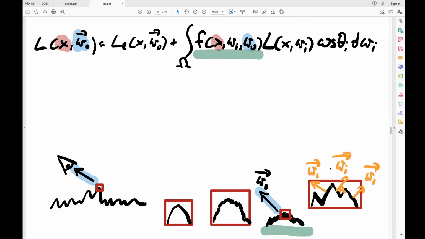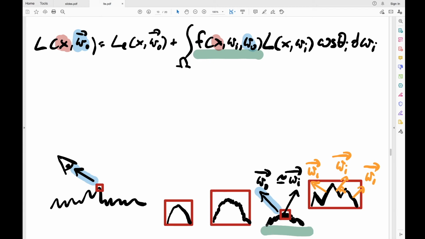For each microfacet, and for each position on the microfacet that we only statistically account for, there are incoming light directions. In order to determine the light direction, we just average those light directions. This gives us one statistical incoming light direction omega i, and this is only an averaged quantity. This is basically the role of the BRDF.